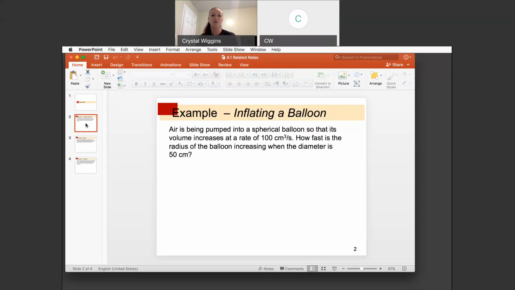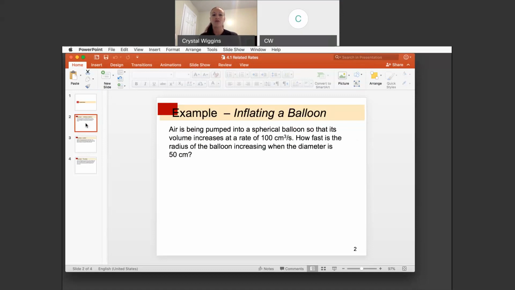So there are important pieces to this word problem. One, we have to recognize that we are inflating a balloon that is of spherical shape, so a normal shape balloon. Spherical technically is an oval though, so think of a basketball balloon. And we know that the volume is increasing, which means everything else is increasing: your circumference, your diameter, your radius, everything.